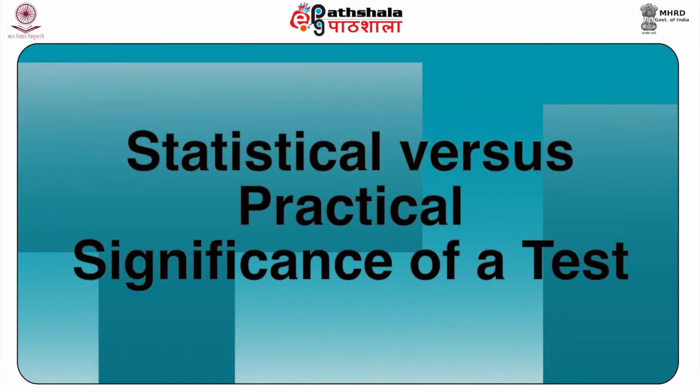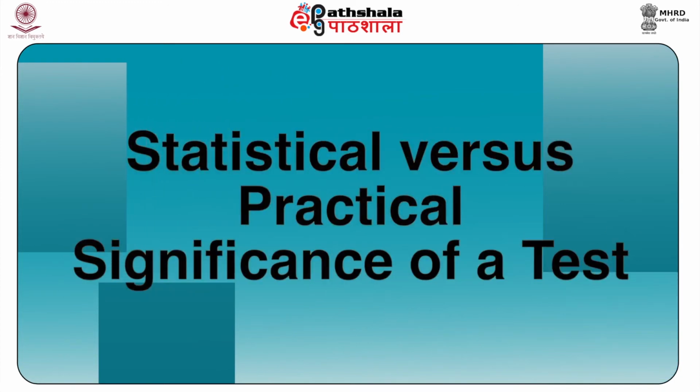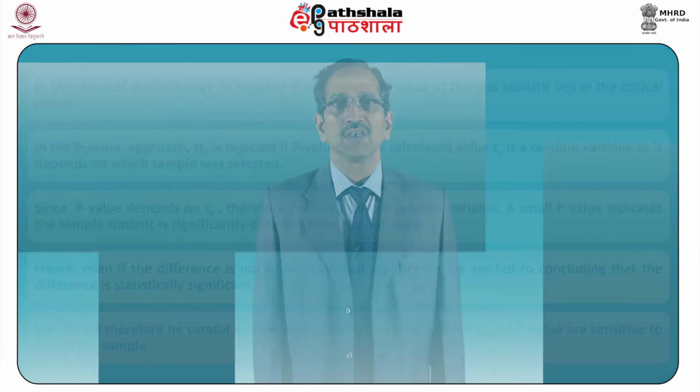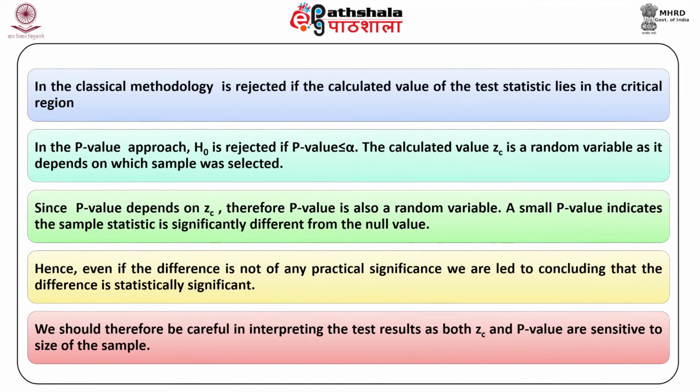Let us now talk about the statistical versus practical significance of a test. We basically say that a test is statistically significant if the sample evidence leads us to reject the null hypothesis. This will of course depend on the selected alpha level. In the classical methodology, H0 is rejected if the calculated value of the test statistic lies in the critical region defined by Z alpha or modulus Z alpha by 2.